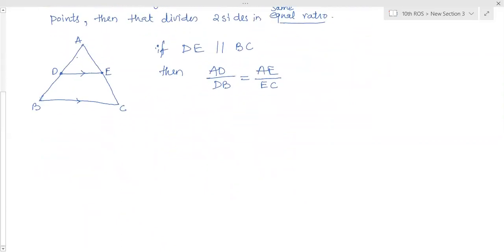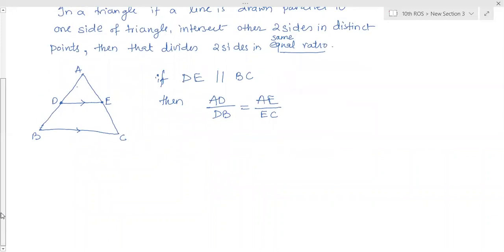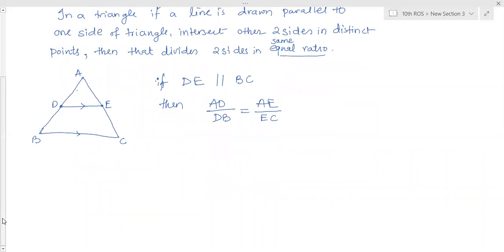Ma'am, I have a doubt, ma'am. Why is the ratio not 1:1? D is not a midpoint. Parallel to BC doesn't mean this line is also parallel to BC. Is this point a midpoint of AB?